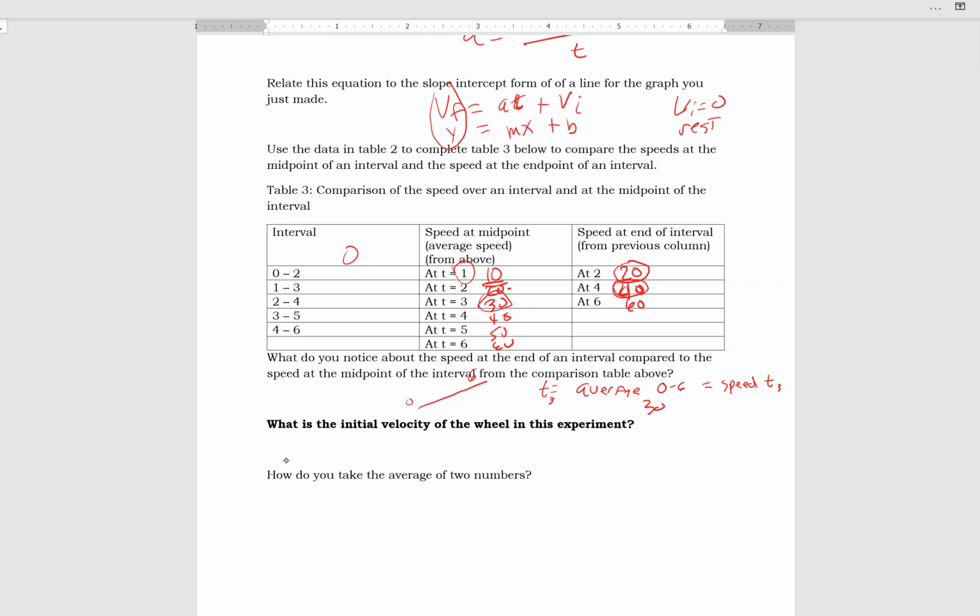The average was 30, the speed at 3 was 30. All right, so the initial velocity in this experiment is 0. Initial velocity is 0 because it's at rest.